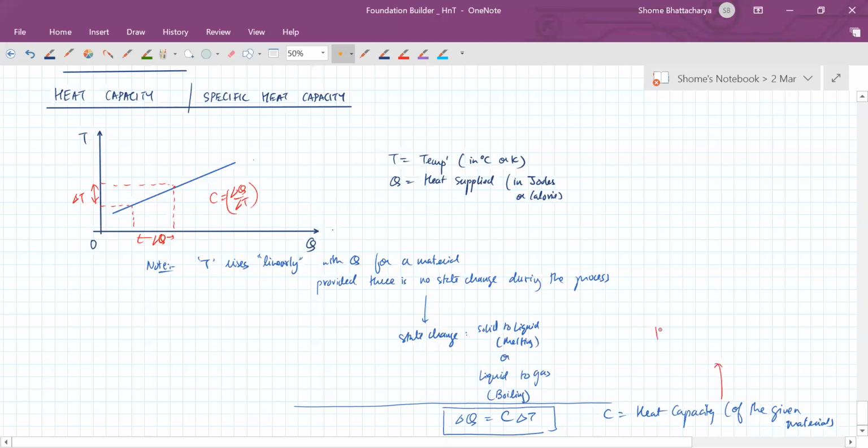So it is heat supplied per unit temperature rise. That is our heat capacity, and therefore it is measured in joules per Kelvin or calories per degree C, etc.